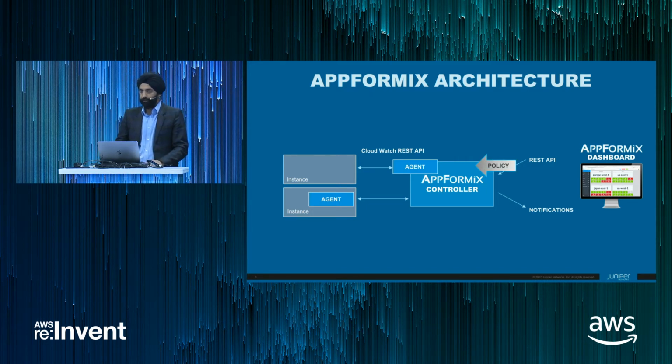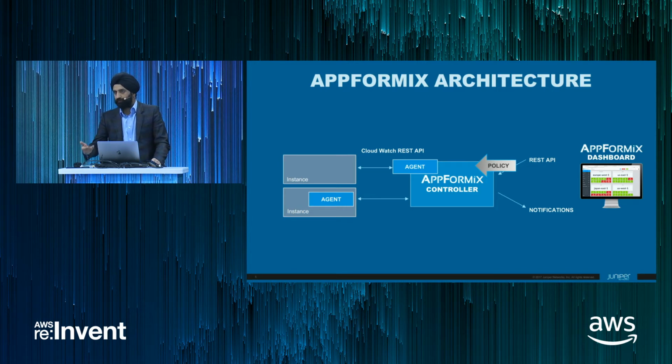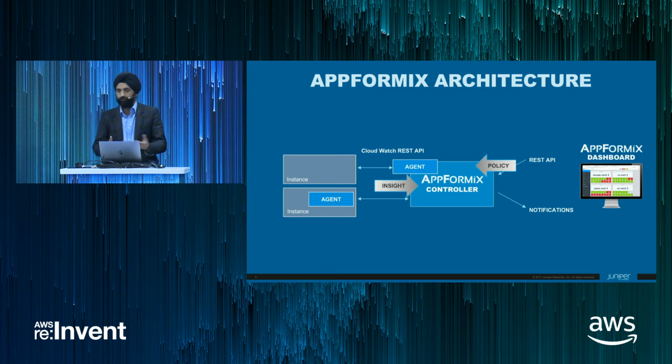This controller exposes an open API interface using which you can configure all of your policies. There's also a dashboard that's built on top of that open API. And then the policies essentially take what your intent is, convert it into rules, push it out to these agents that capture the telemetry, run the analysis, and provide you with the insight.